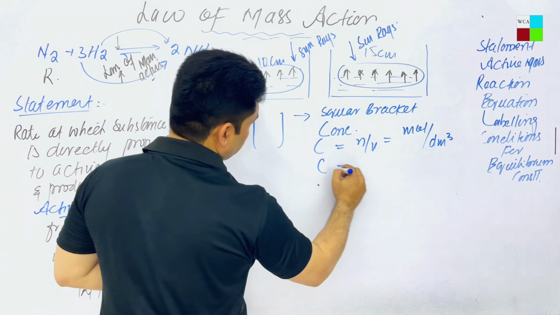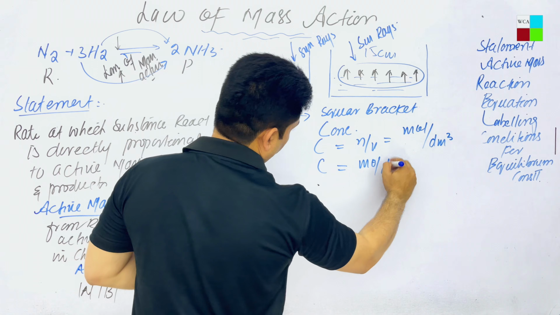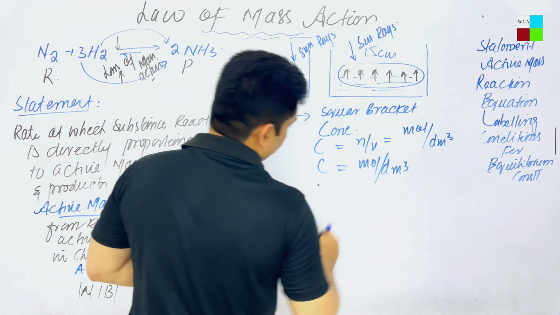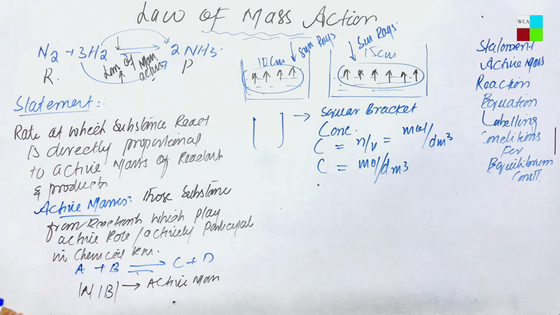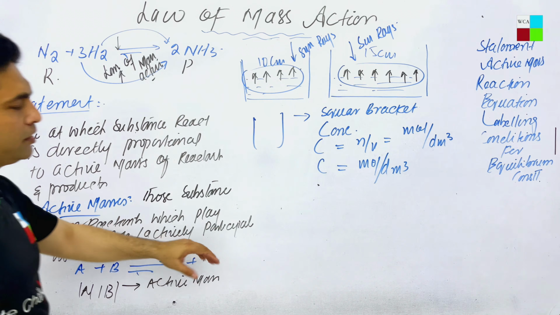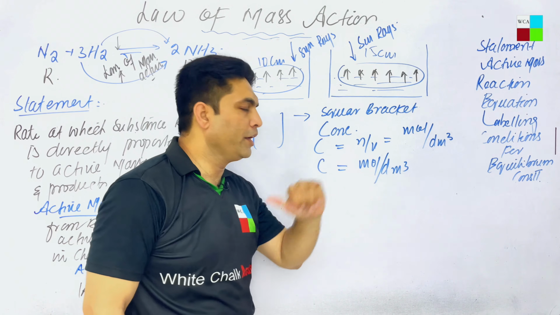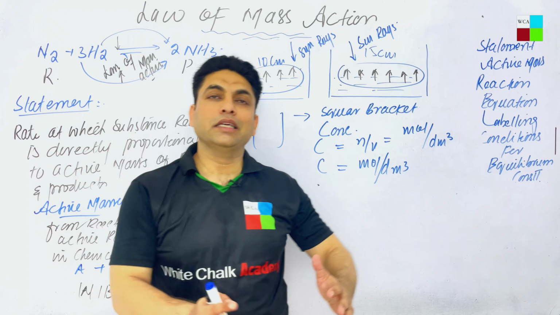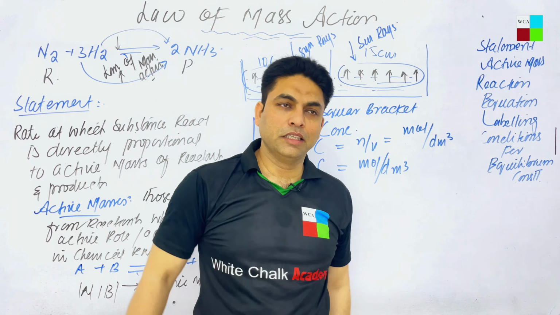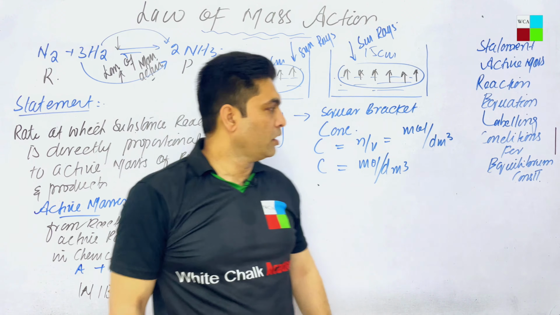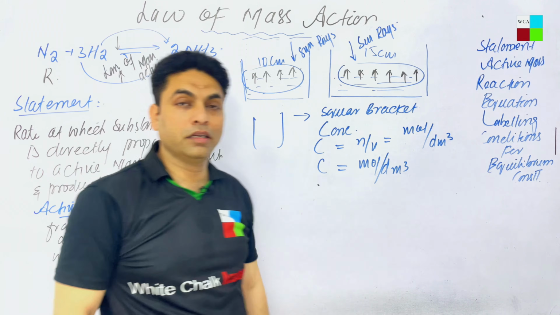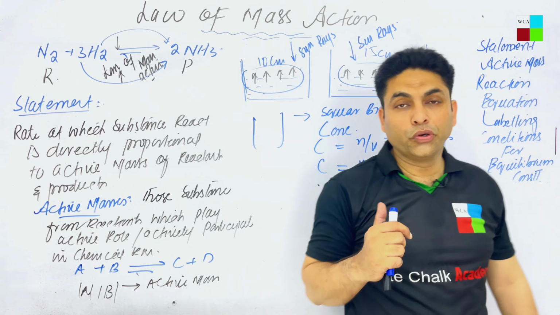So C is equal to mole per dm cube. If we show a substance in the unit of mole per dm cube, it means these are active masses. I hope you are getting what I have told you.